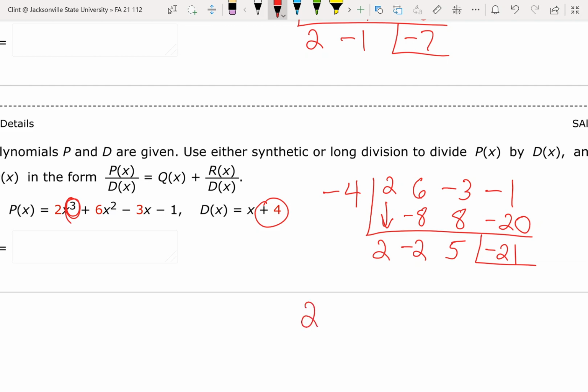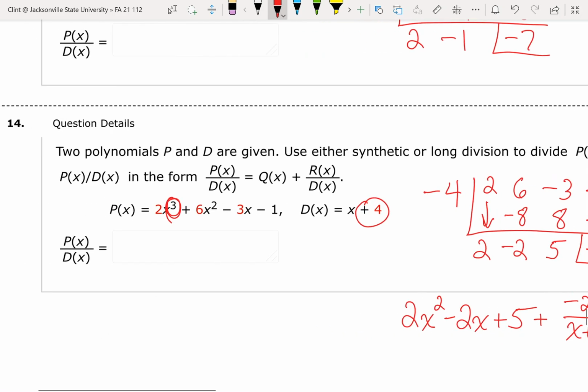So I have 2x squared minus 2x plus 5 plus my remainder of -21 over my divisor x plus 4.